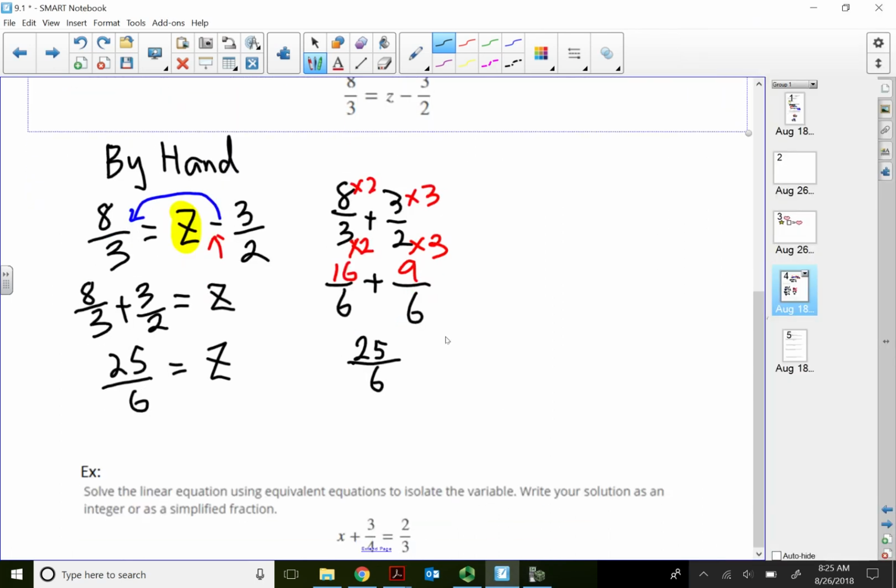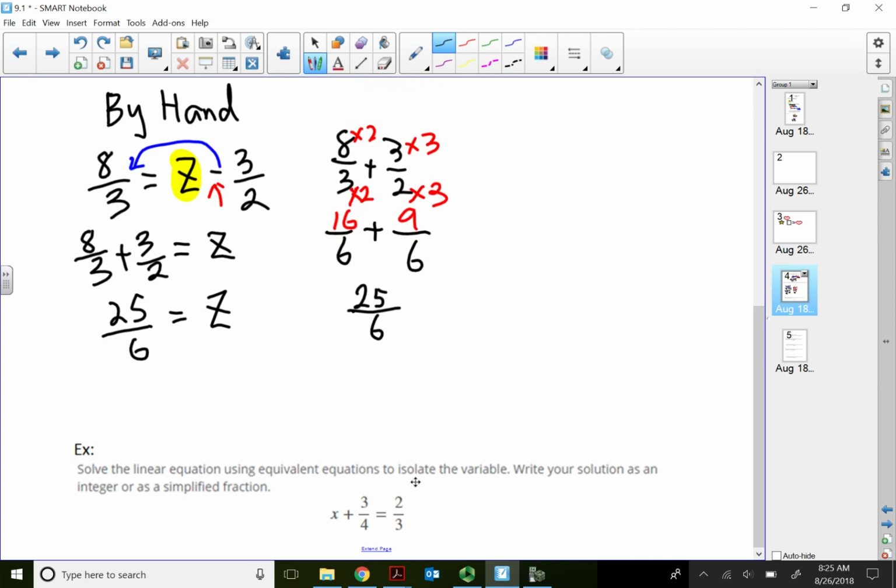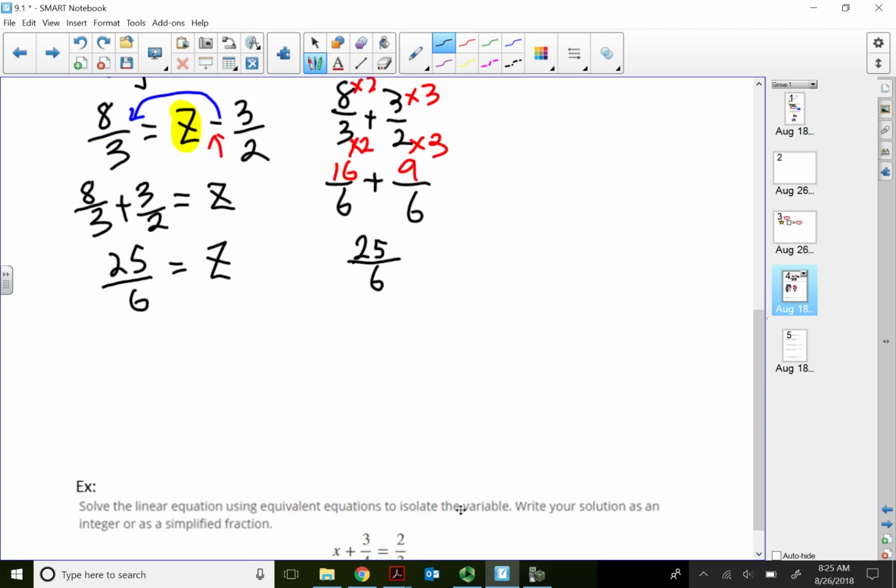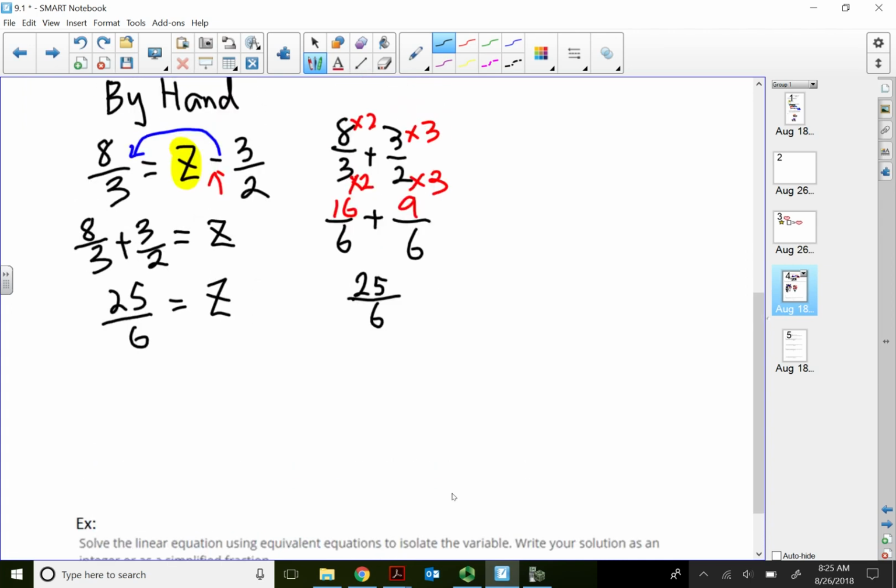Now, I'm going to write the problem down here. There is another technique. Since we don't like fractions, what we can do is clear the fraction.